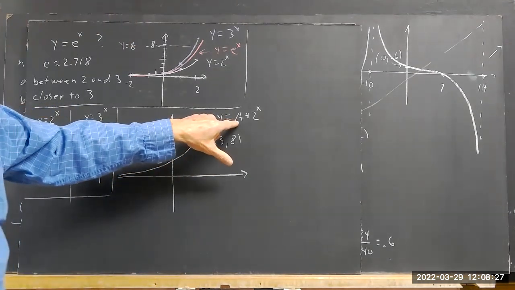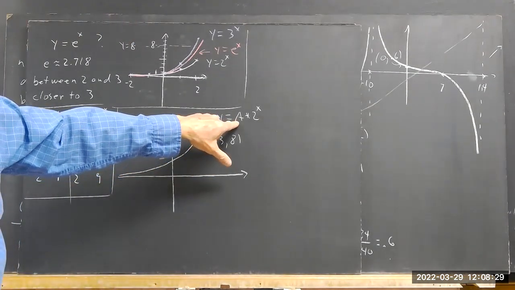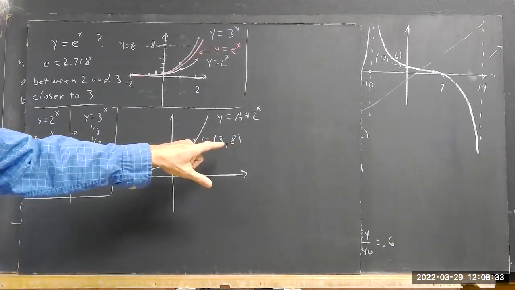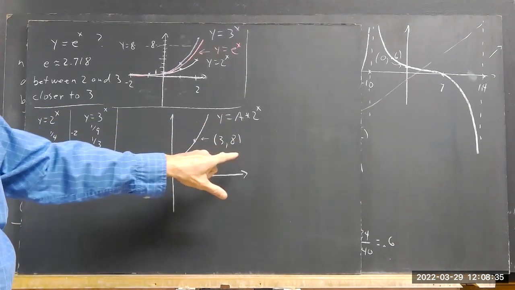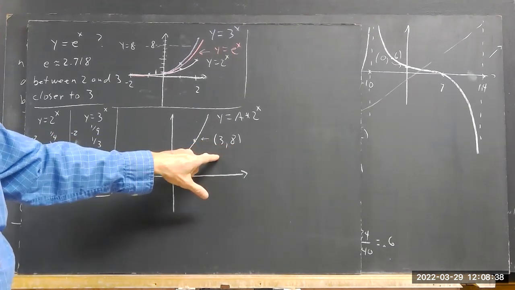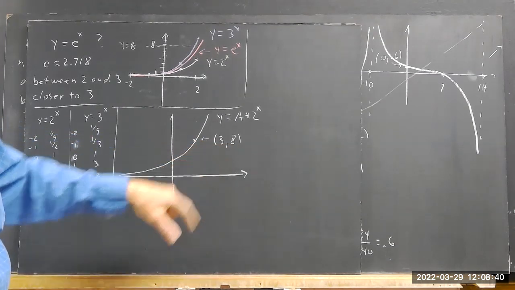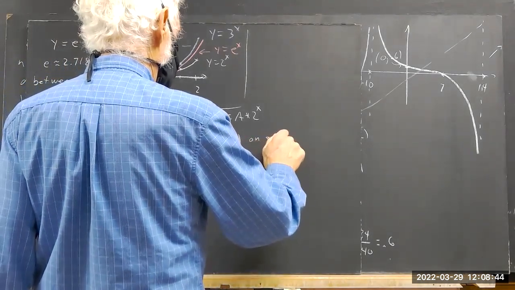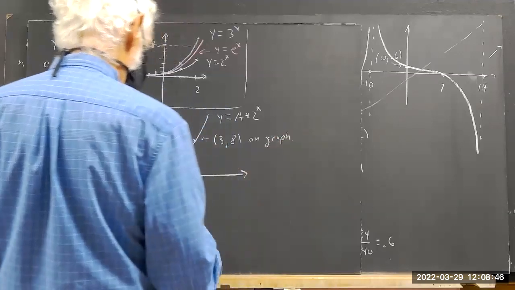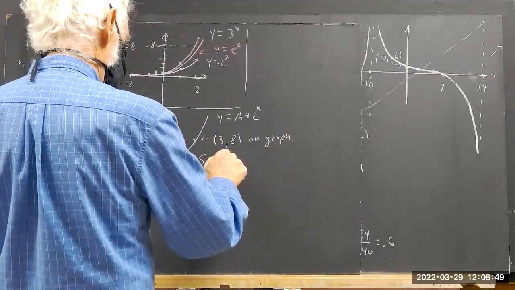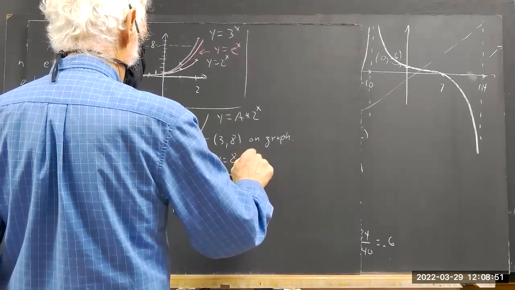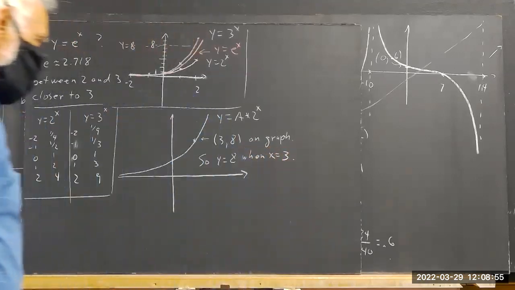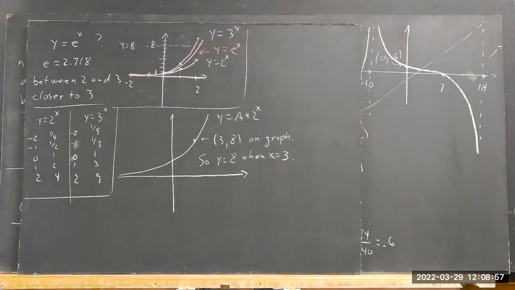What's the value of a? Well, this point tells you that y equals 8 when x equals 3, right? So y equals 8 when x equals 3.